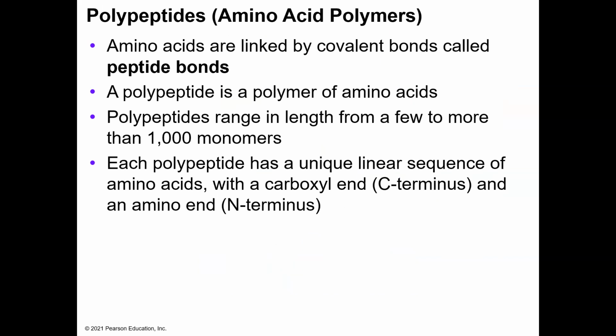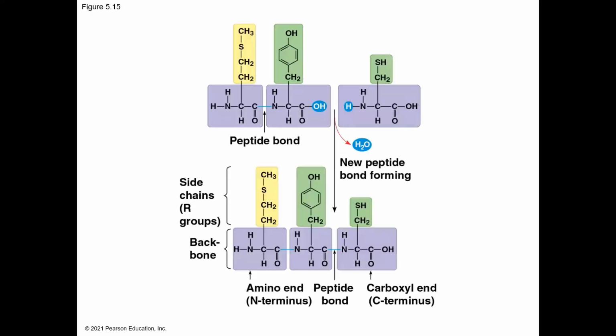Polypeptides can range from a few monomers to more than 1,000 monomers, and sometimes even larger than that. Each polypeptide has a unique linear sequence of amino acids. This unique sequence of monomers that forms these polymers is what creates all of the proteins that exist.